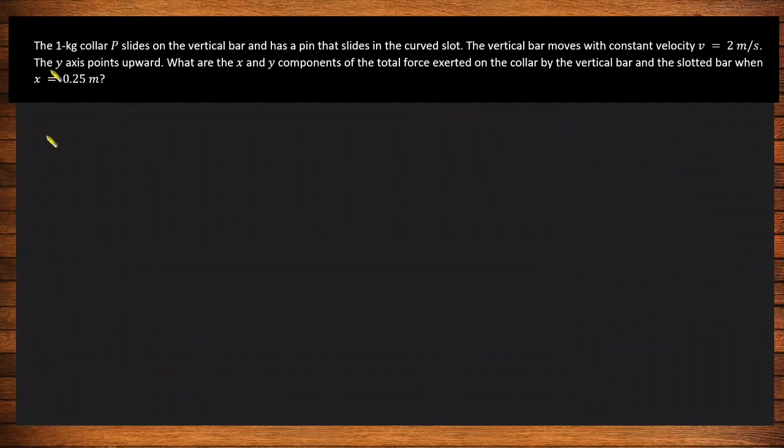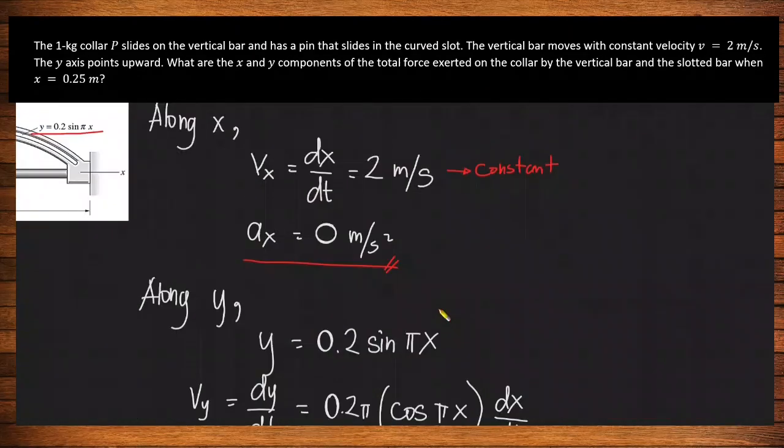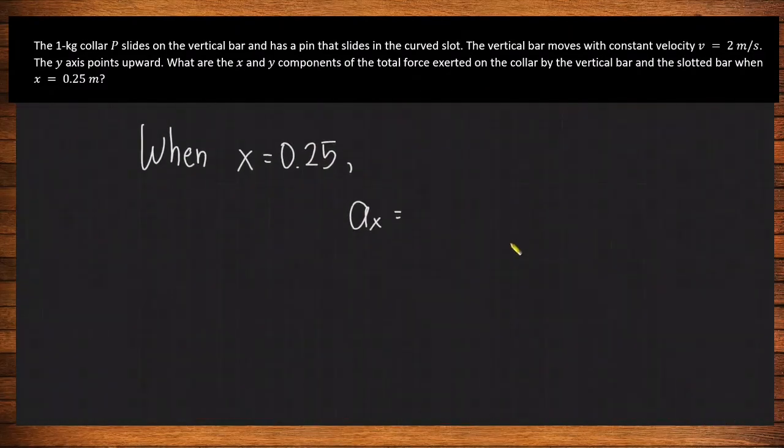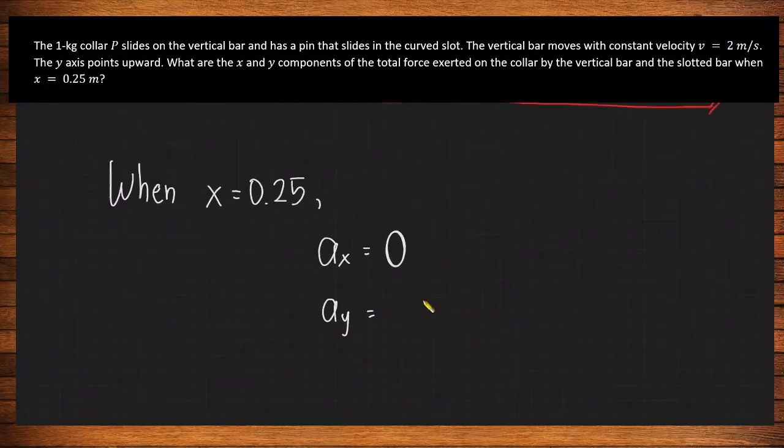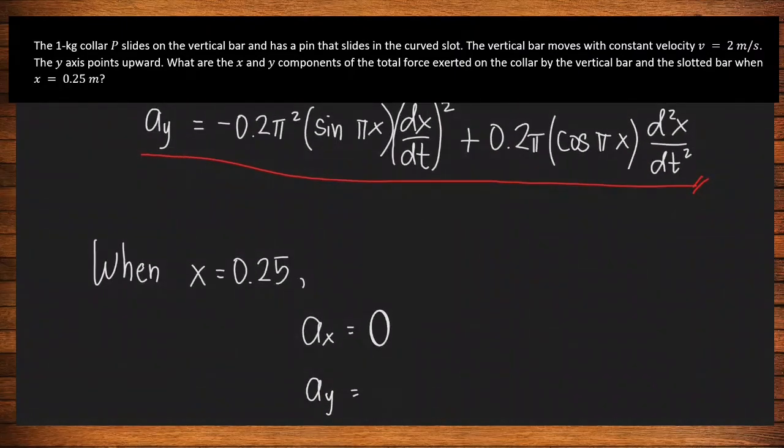So since we need to obtain the force when x is equal to 0.25, ibig sabihin, gagamitin natin yung acceleration at x equal to 0.25 meters then. So again, our acceleration along the x direction will be equal to 0. And then for the y component of our acceleration, we will simply use this equation and then isa-substitute lang natin yung mga values ng variables dito.